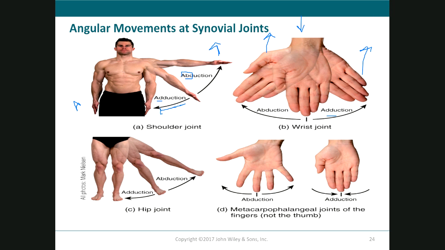Same thing with the hip. Abduction, away from the center of the body. Adduction, towards the middle of the body. With opening and closing our fingers, separating is abduction, and bringing them together is adduction at the metacarpophalangeal joints.